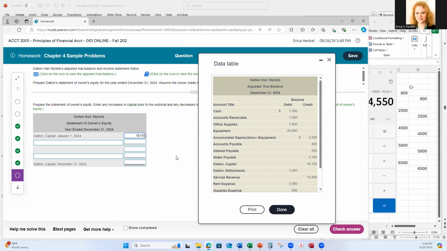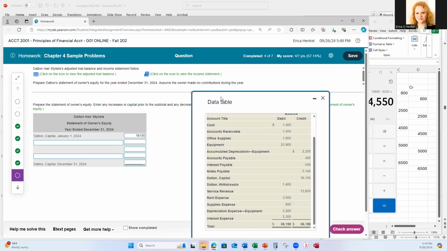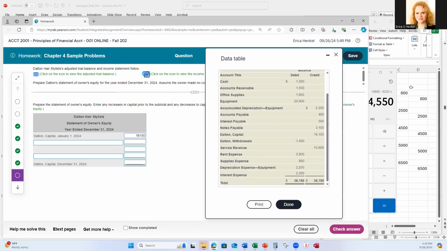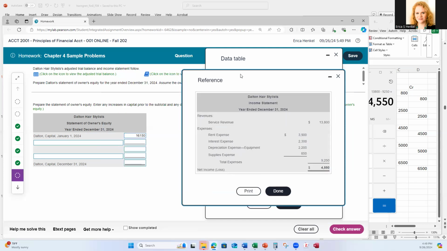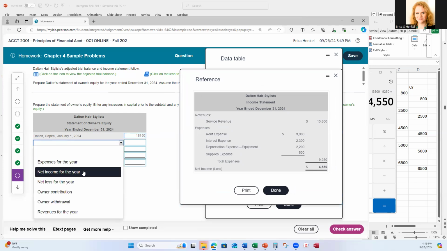Just to see if you remember, what do we need to add in to get to our capital here, and what do we subtract out? So they gave us the trial balance, but we're going to need to know what our net income was. And I think they did actually give us a net income statement here. So same numbers from our last problem. Either way, net income of 4,550 will get added in.